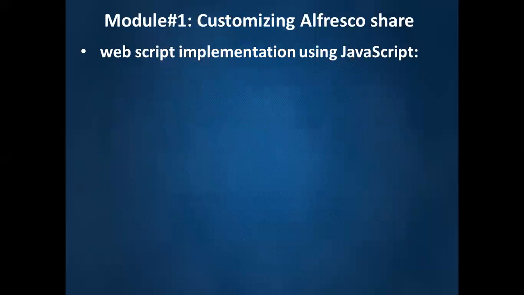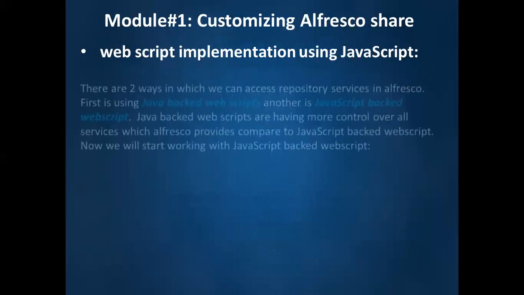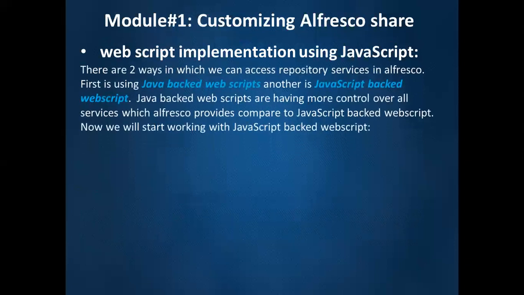This is, I would say, the biggest work, and the most important part of this lesson, because by this topic we will be able to retrieve the data from the repository using JavaScript, not a Java-backed web script. So let's see it step by step and we will understand everything.